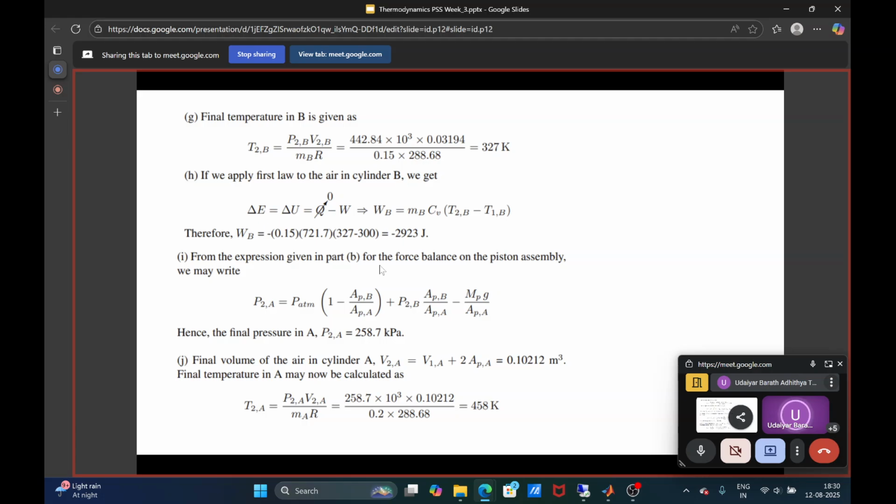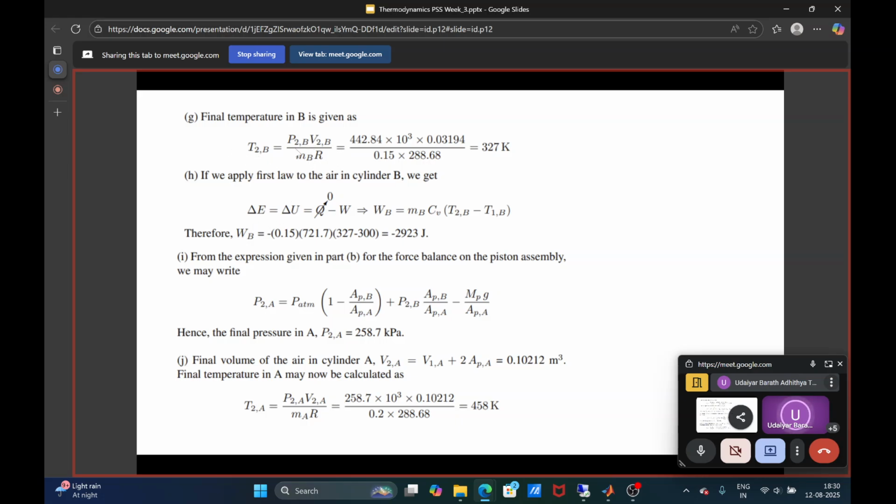Next is the final temperature, with the same ideal gas equation. The final pressure we have found out is 442 kilopascal, and the final volume has been calculated, and we know the mass. Initially it was calculated, and because it's a closed system, the mass will not change. So the mass is constant and we know R, so we can estimate the temperature.